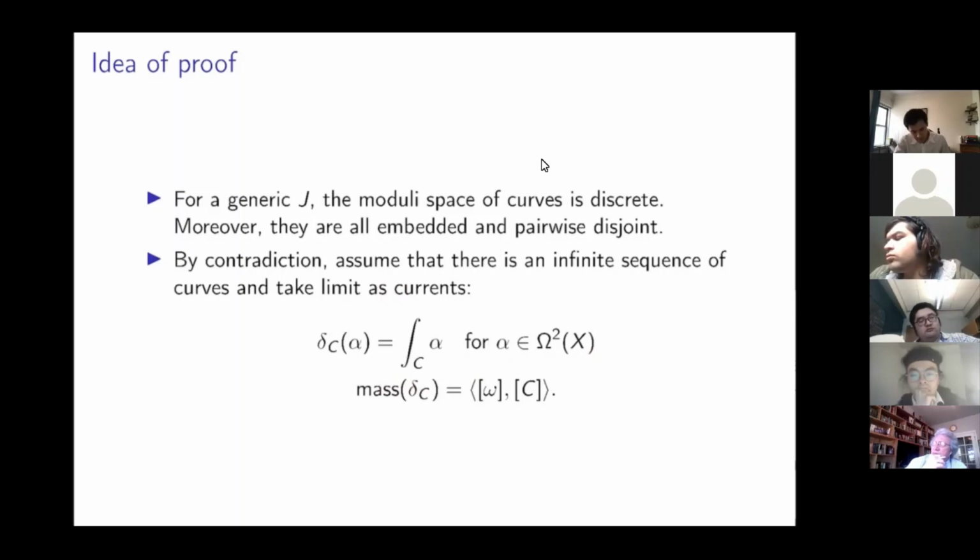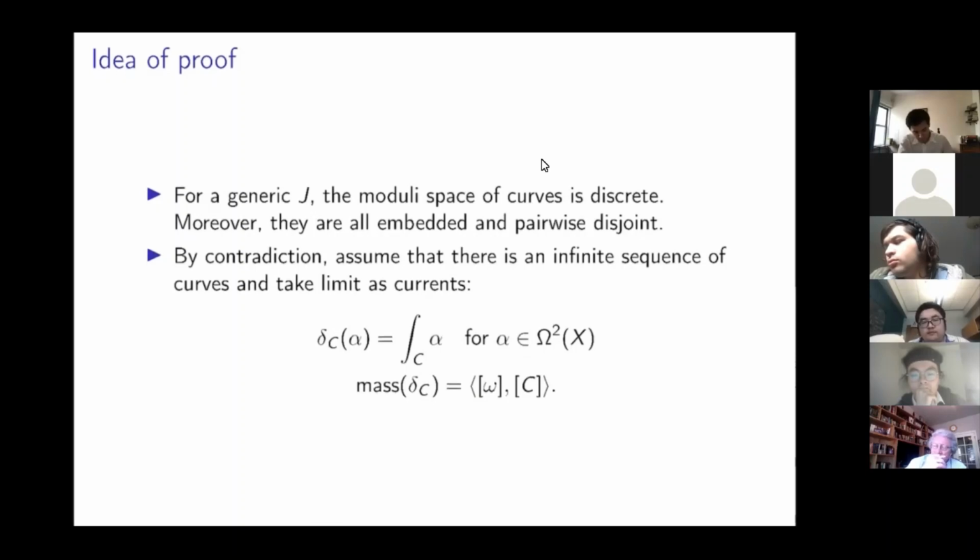Because these curves are J-holomorphic, the energy identity tells you that the mass of this current is a topological quantity: the pairing of the cohomology class of the symplectic form with the homology class of the curve, which here is fixed. So in my sequence, all of these currents have the same mass.